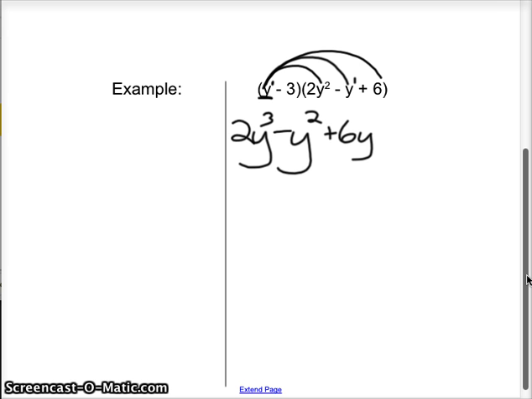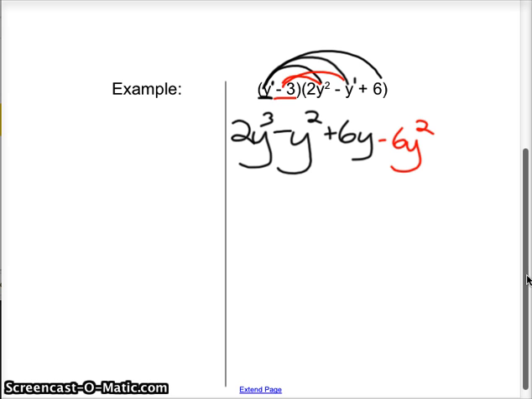And now I'm also going to do that very same thing with my second term, with that negative 3. I'm going to take that, distribute it to everything inside that second parenthesis. Negative 3 times 2y squared. Negative 3 times 2 gives us a negative 6y squared.